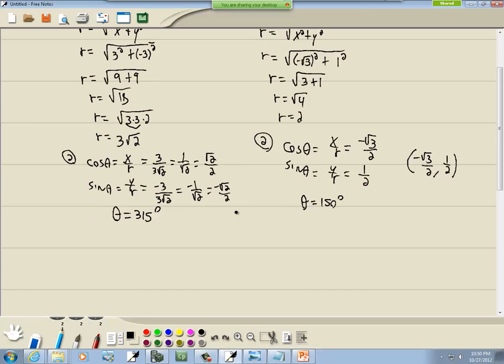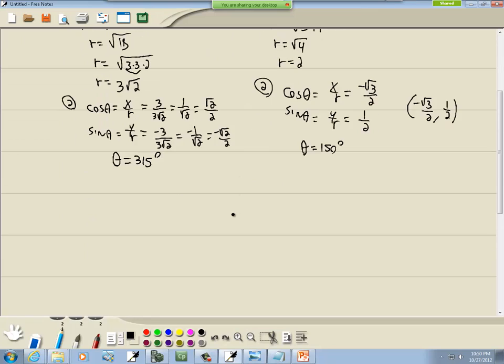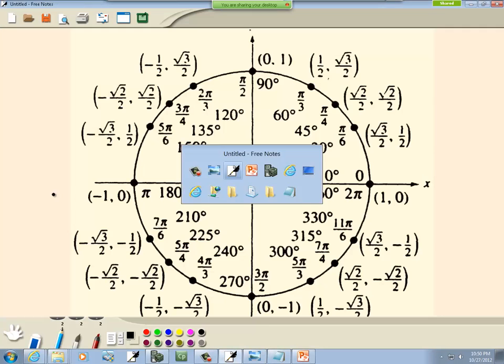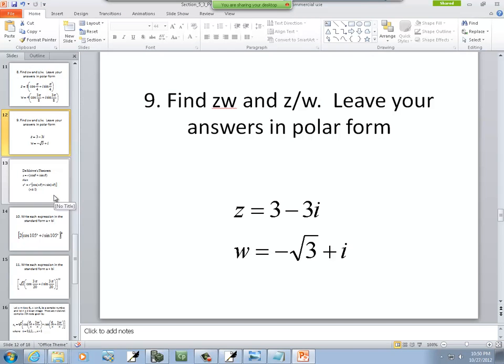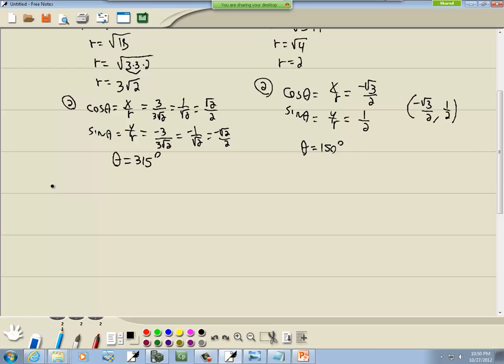Okay. So now we have our r and we have our theta. So z here would equal 3 square root of 2, and then cosine of 315 degrees plus i sine of 315 degrees.